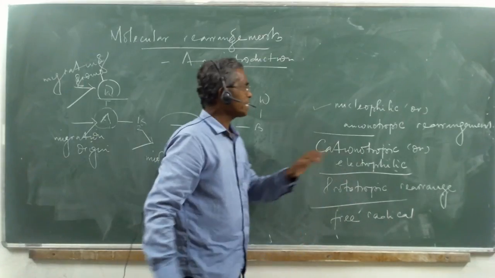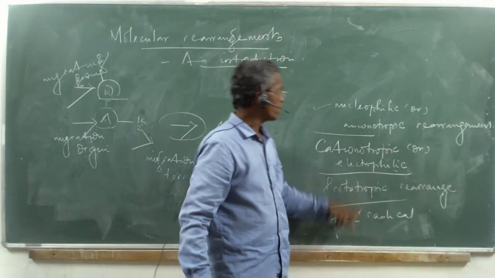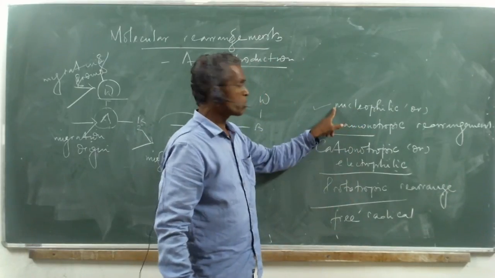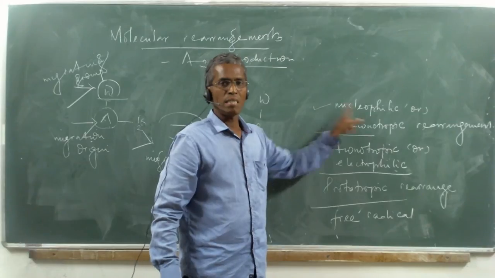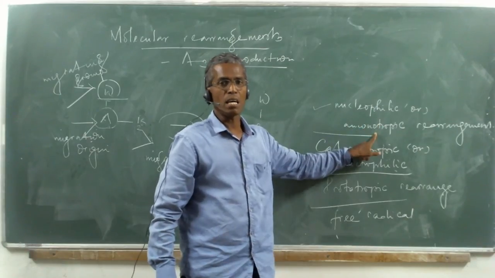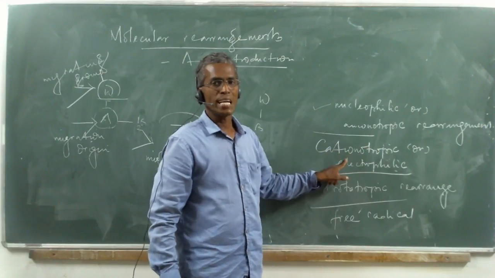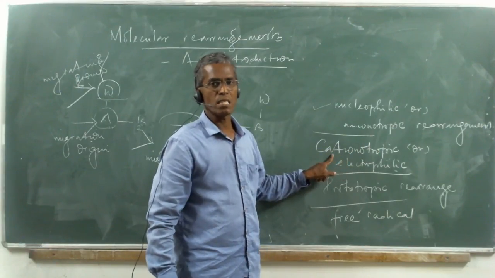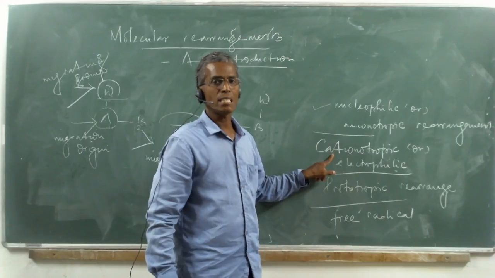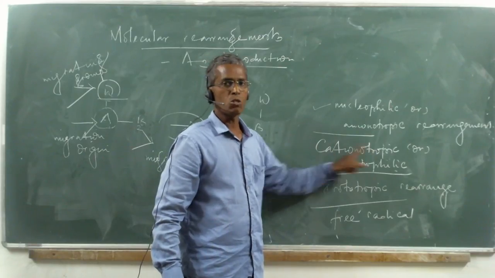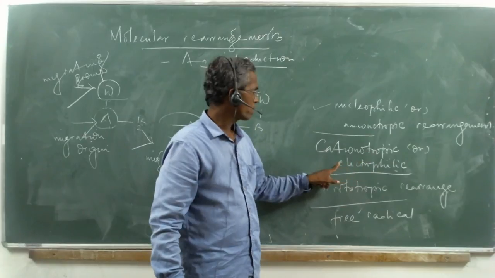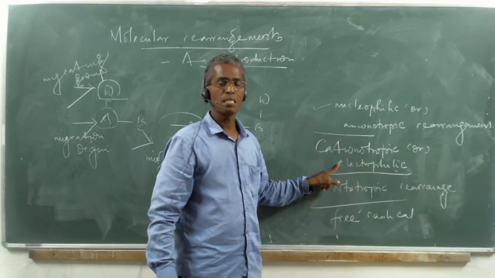So it is very clear that we have 4 different types of rearrangement. If the migrating group moves with a lone pair of electrons, that will be called nucleophilic rearrangement or anionotropic rearrangement. On the other hand, if the migrating group carries just a positive charge, then the reaction will be called cationotropic rearrangement or electrophilic rearrangement.